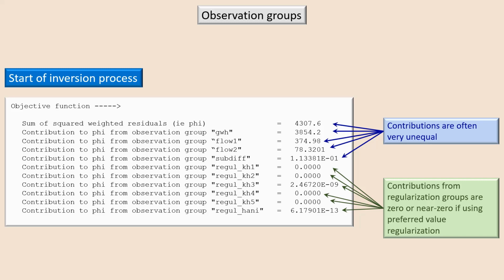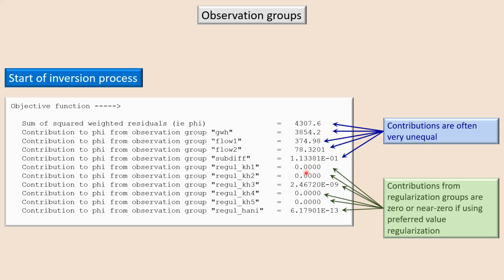I run the model just once, just to make sure that everything's okay and that PEST can run the model and read its output files. And then PEST will write a short run record file in which it records the contribution to the total objective function made by each observation group. Perhaps it's something like this.